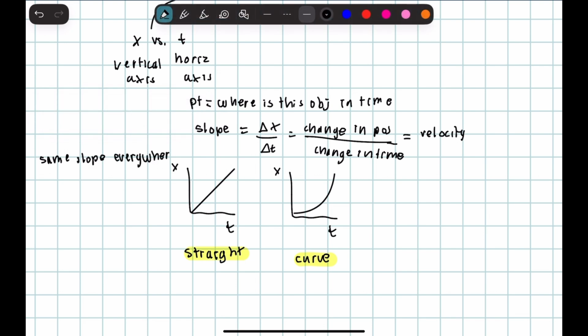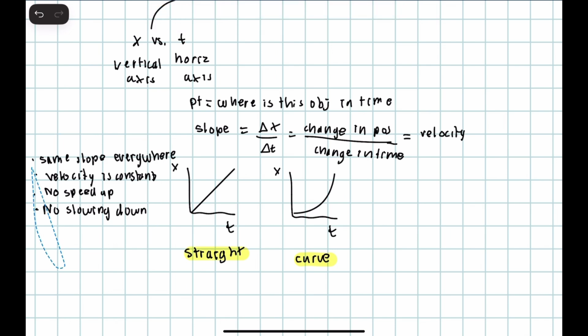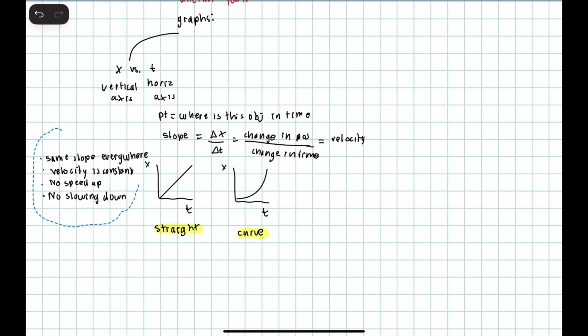So your velocity is constant. Velocity is equal to slope. That means no speeding up, no slowing down. But if you have a curved position time graph, some of these are not true.